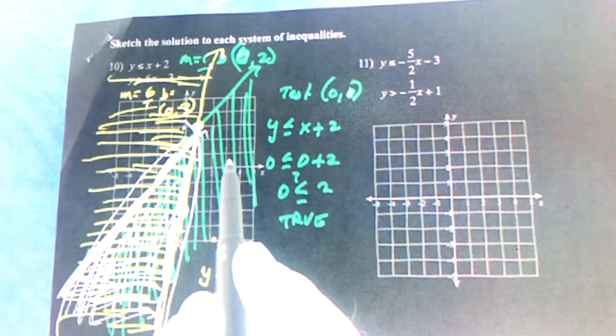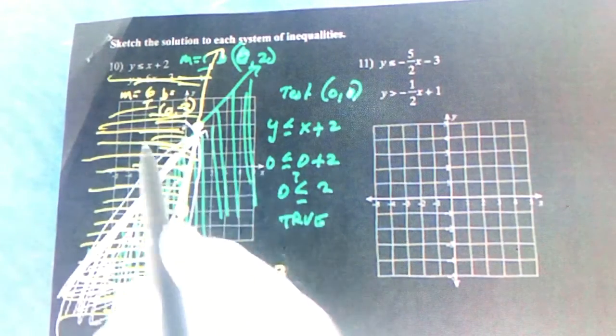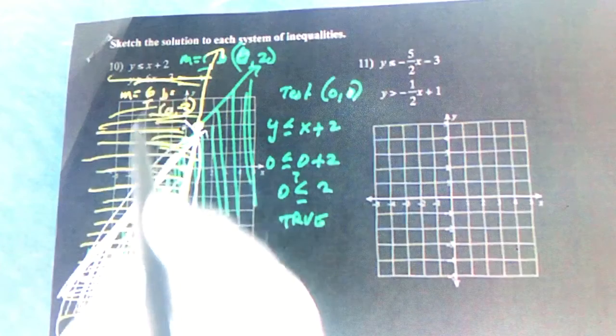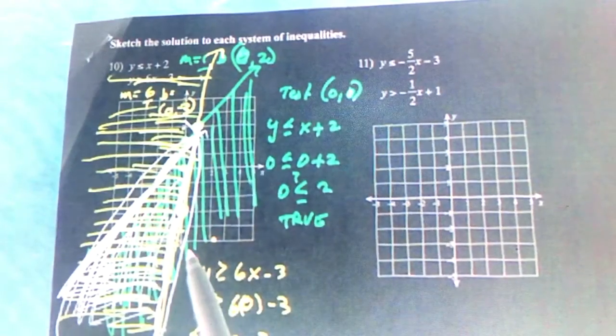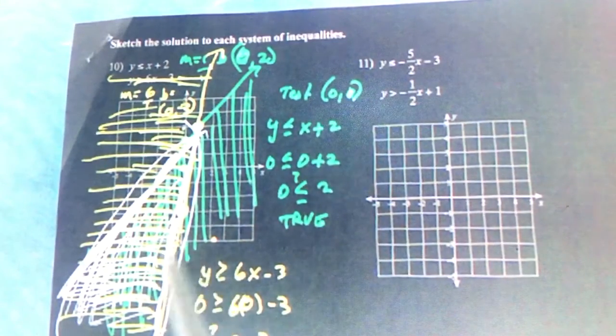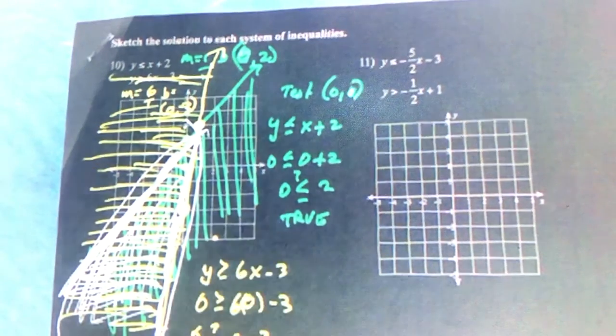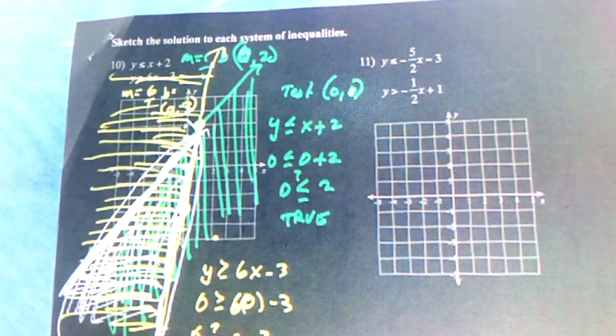This one is going to work for one of the inequalities, the first one. These points over here are going to work for the second inequality, but only the points in here are going to work for both inequalities. And when we say work, it means make them a true statement. By plugging the numbers in, they'll end up being true. So that's how we solve a system of inequalities by graphing, and I hope it helps.